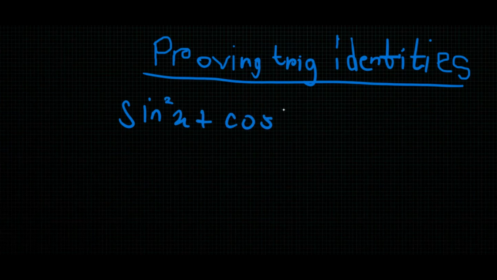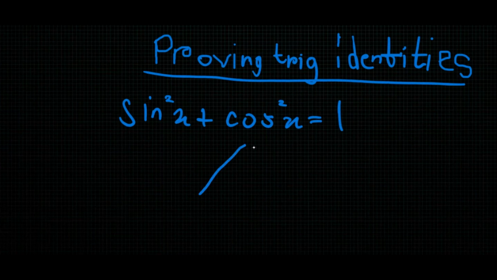So this is the Pythagorean theorem: sine squared x plus cosine squared x equals 1. Imagine a right-angled triangle with an adjacent length of x, an opposite length of y, and a hypotenuse of 1.